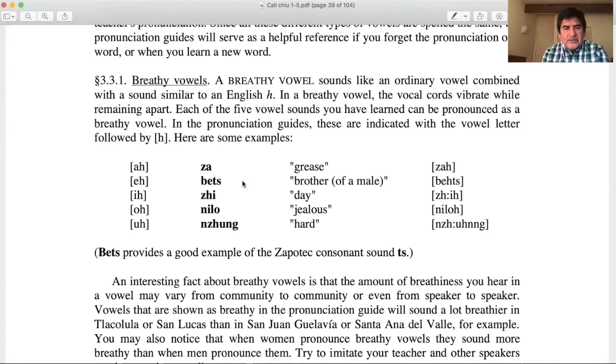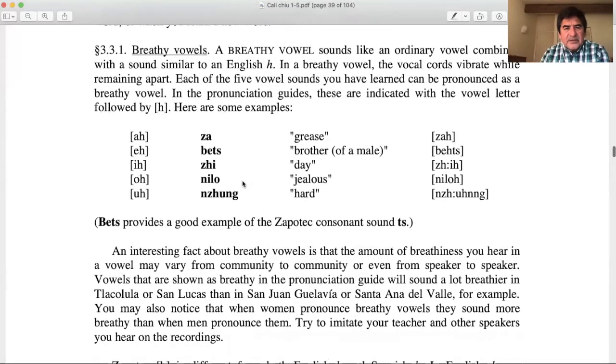The next one is j. Jealous is nilo. And the last word is njum. Although we're just focusing on the breathy vowels right now, remember that we went over the consonants, and the NG is very nasal. So listen for the vowel and then the nasal NG.